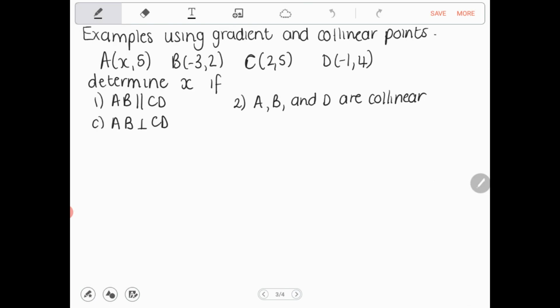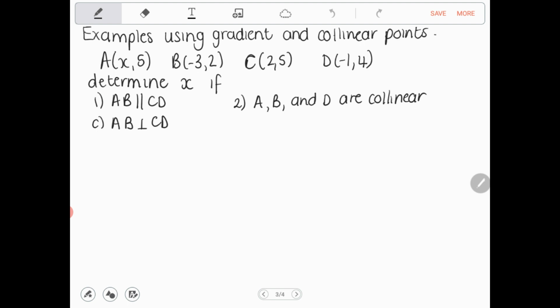All right, let's look at using the information from parallel lines, perpendicular lines, and collinear points to solve some equations. I've been given 4 points here. We're looking for x, it's missing there.